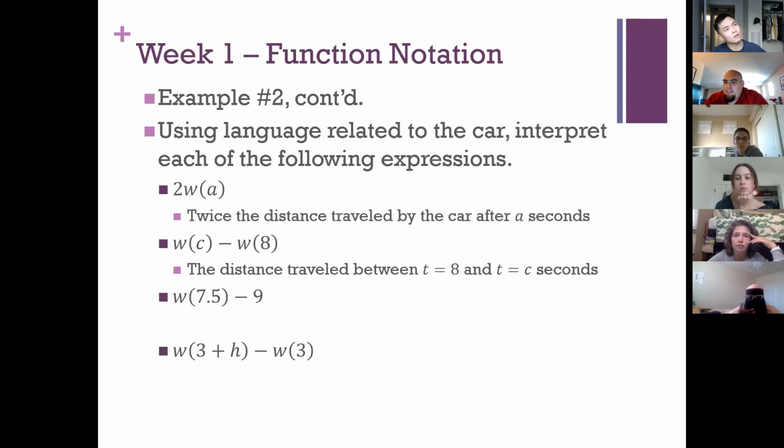It's got to pass the vertical line test, right? The only reason it passes is because a vertical line is a single x value, so it better not hit more than one y value or it's not going to be a function. So remember, single input means at most one output.